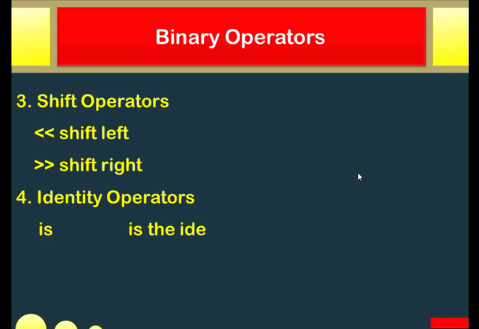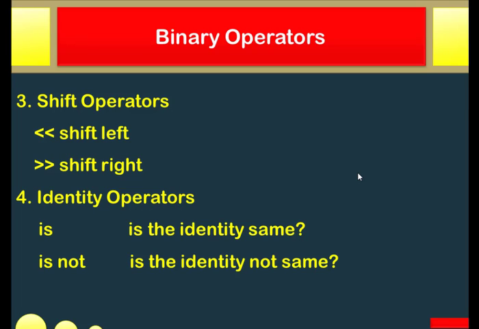Then the identity operators: is, which checks the identity is the same, and is not, which checks the identity is not the same. I am not going to explain these operators here because we are going to learn them in detail in the upcoming chapters. Here we will just learn how many types of operators there are.